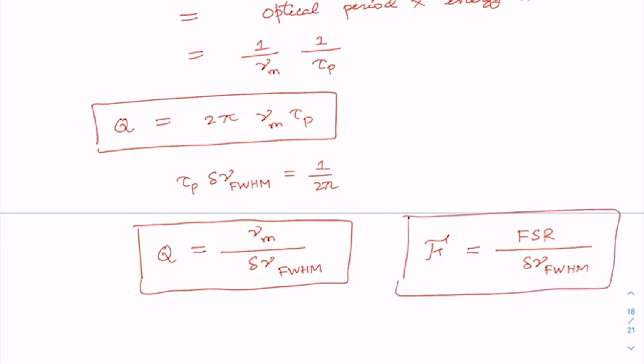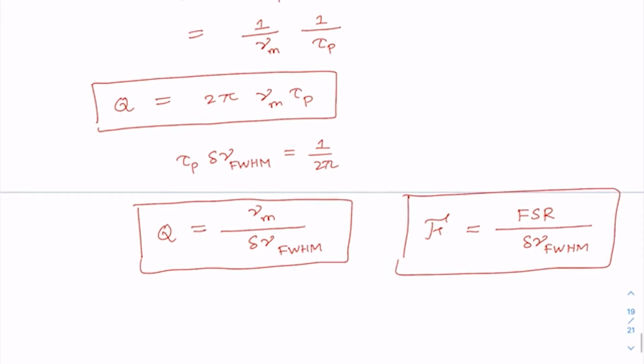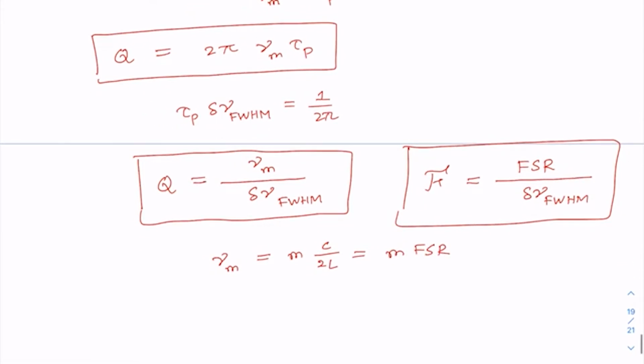And if I compare this relationship, and also note that this resonance frequency is basically an integer times C by 2L, which is nothing but a multiple of the free spectral range, immediately we get a relation between the quality factor and the finesse. That would be Q is equal to an integral multiple of the finesse. So both of them essentially give us the same idea, whether it is quality factor or finesse.